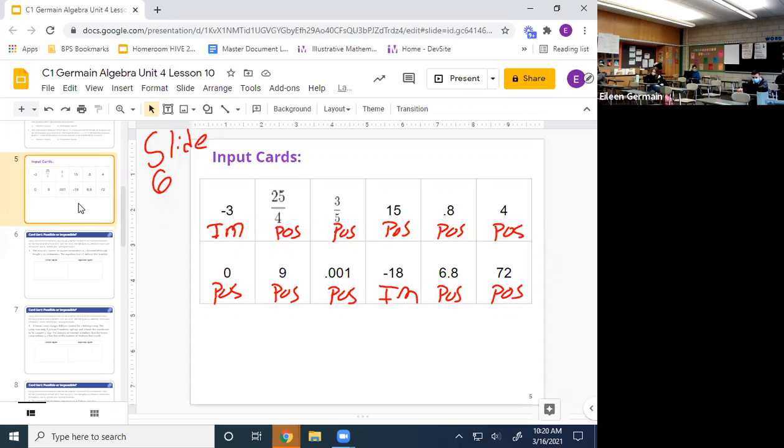Please take 10 more seconds to wrap up those final thoughts, and then we're going to come back together. I'm going to scooch down to slide number 7 first, and then I'm going to come back here, okay?